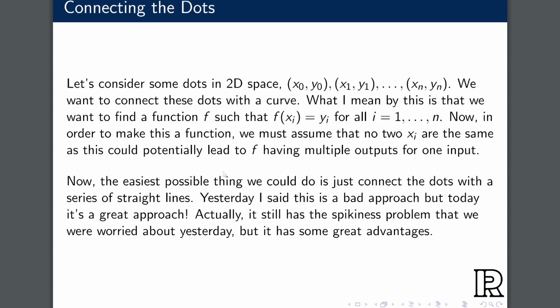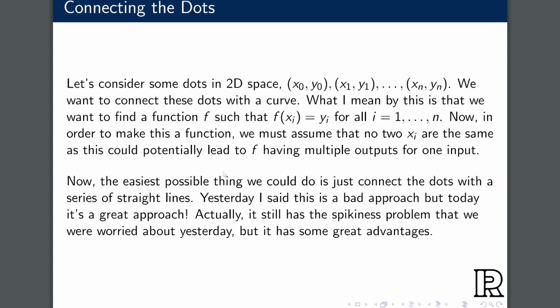However, today, all of that is forgiven. The spikiness problem, while it still is there, is just not a problem to us anymore. And now actually connecting the dots with straight lines is a great idea.